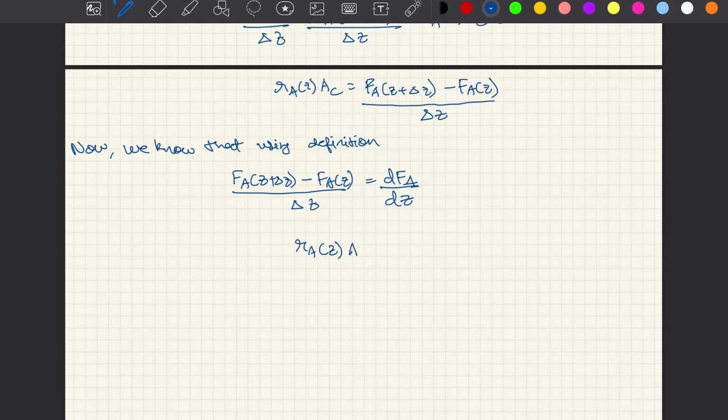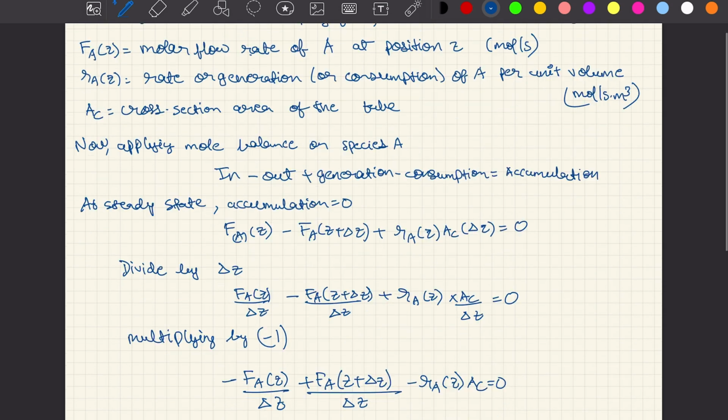So RAZ into AC is equal to dFA upon dZ. This will be our final differential equation in terms of moles.